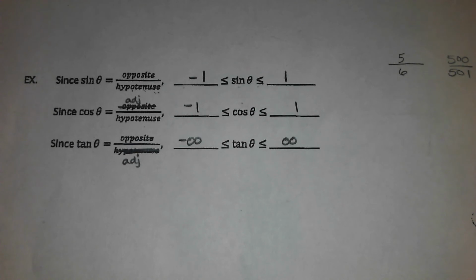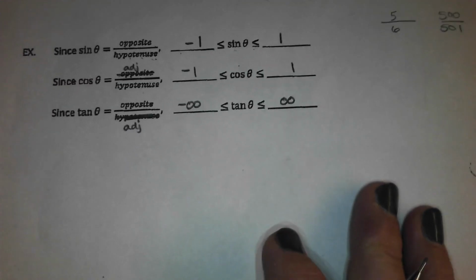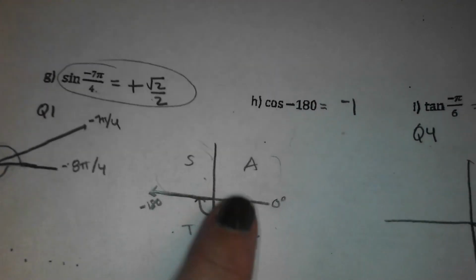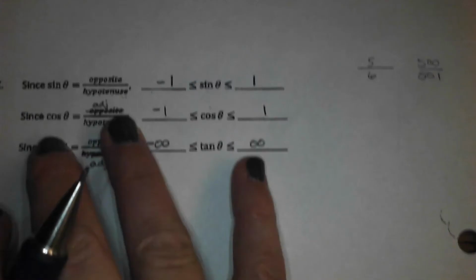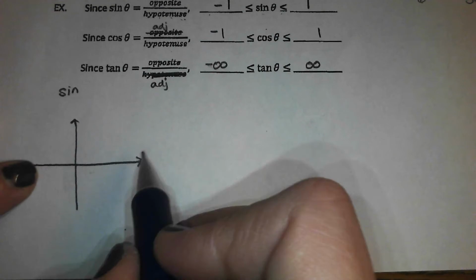Okay? So, wait one second. Here's my thing on this quadrantal angle, and I'm going to show you something that you have to know. So in our table, and I'm going to do sine values, okay? Our table only gives us 0 to 90, correct?